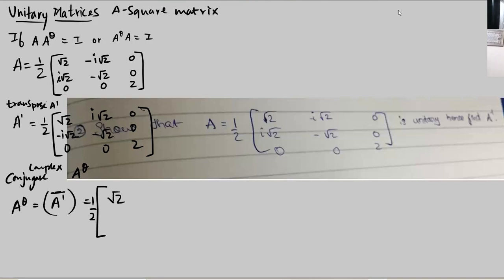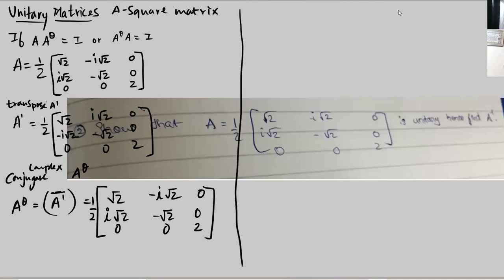So root 2 as it is, minus I can be written as I, and plus I can be written as minus I. And all other numbers will remain as they are. So we got the complex conjugate of A from the transpose. Now we multiply both.